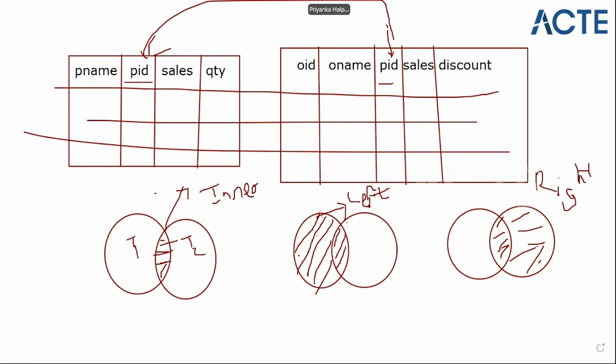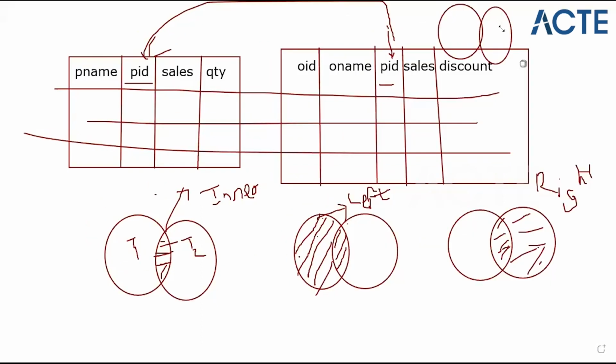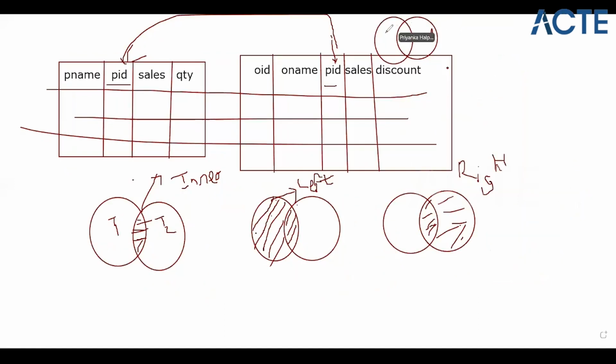Okay, what about the next join? So the next join is, let's say, these are two tables, T1 and T2.